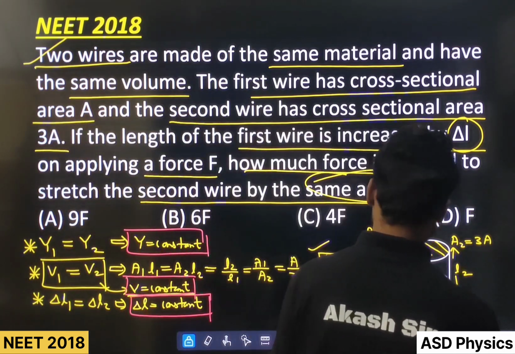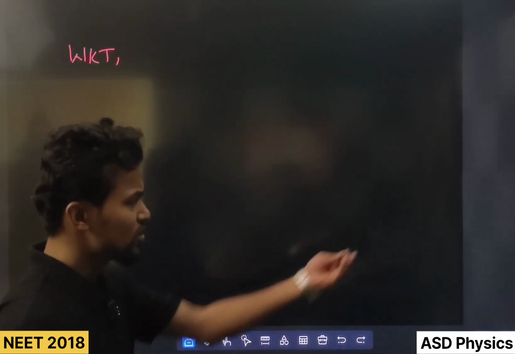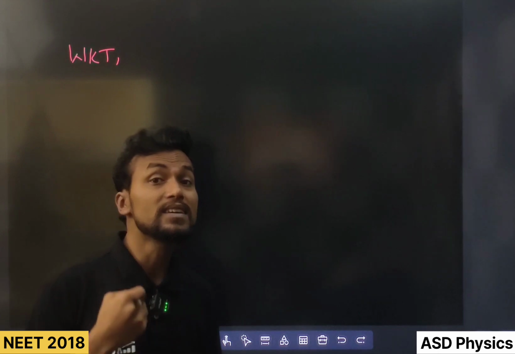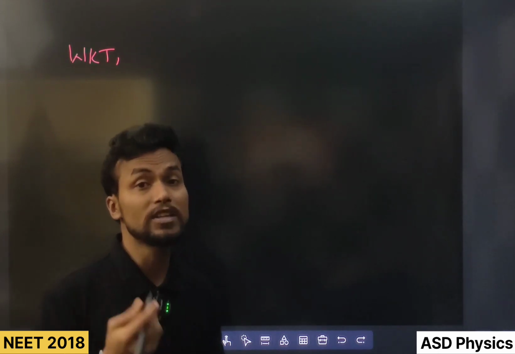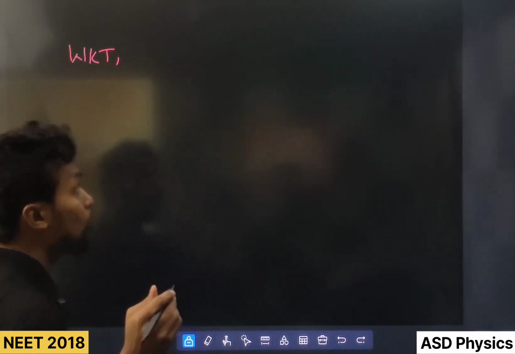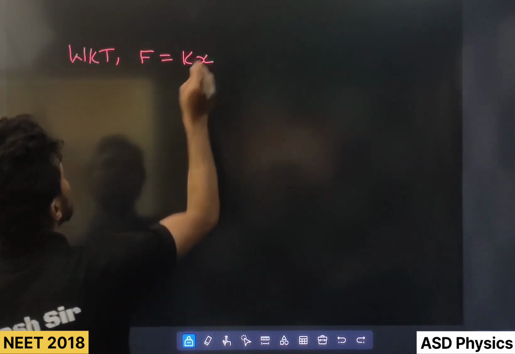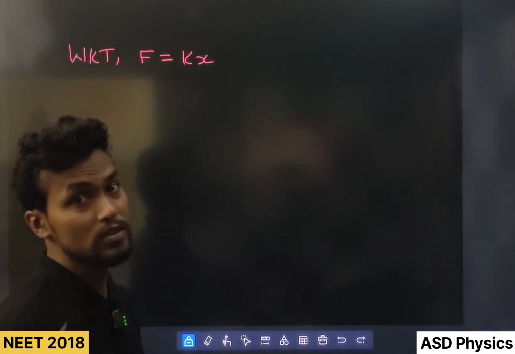For that, we have to remember one thing. You know very well the spring force formula. The wire can behave as a spring of spring constant YA by L. So you know the formula F equals Kx, the restoring force in a spring.